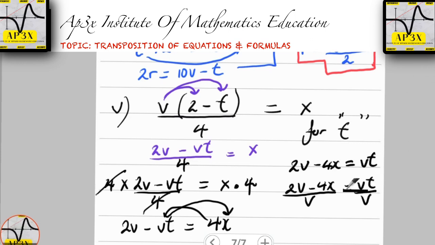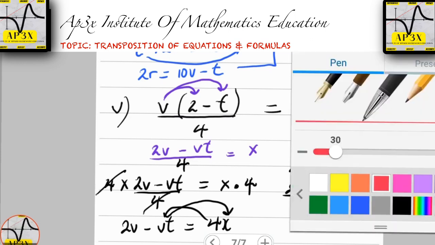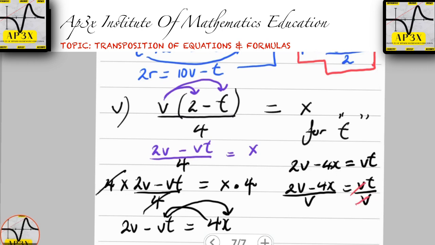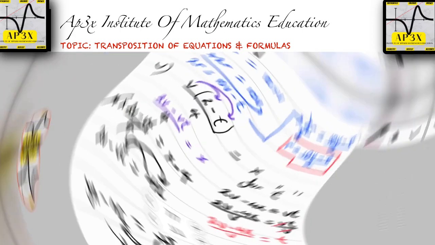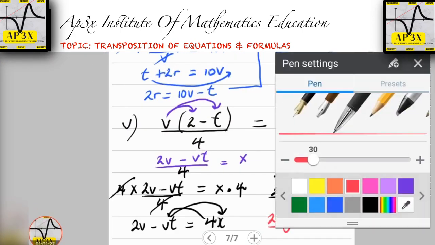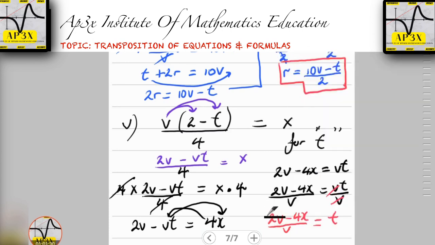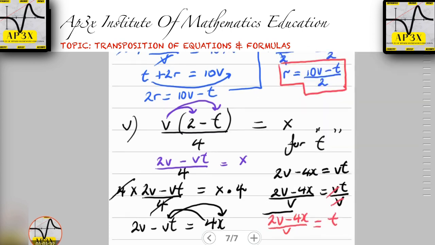And just to wrap this up now, guys, very simple enough here, that v cancels v, so I end up with (2v - 4x)/v = t. And that is it, guys. That is how you transpose any equation involving addition, subtraction, multiplication, and/or division.